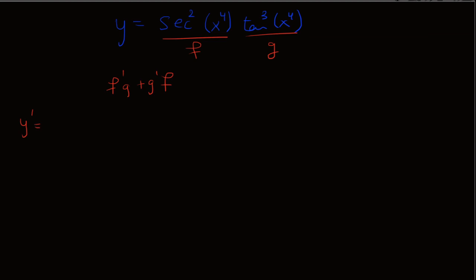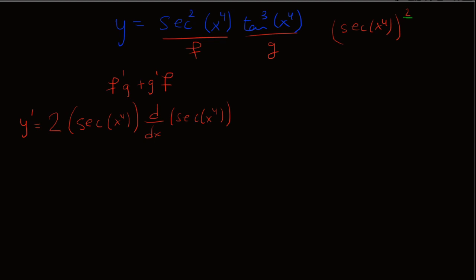So think of secant squared as secant and then squared. Because this clearly defines what's the outside function, which will be the squared. For that, we're going to bring down the exponent, keep the inside the same, subtract 1 in the exponent, and then multiply it by the derivative of the inside.